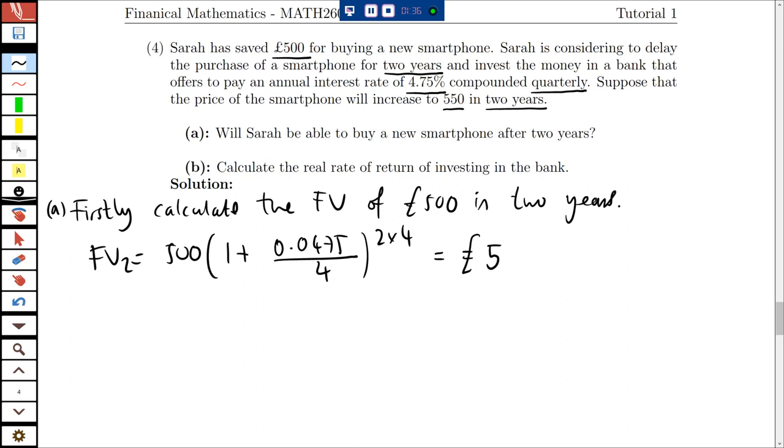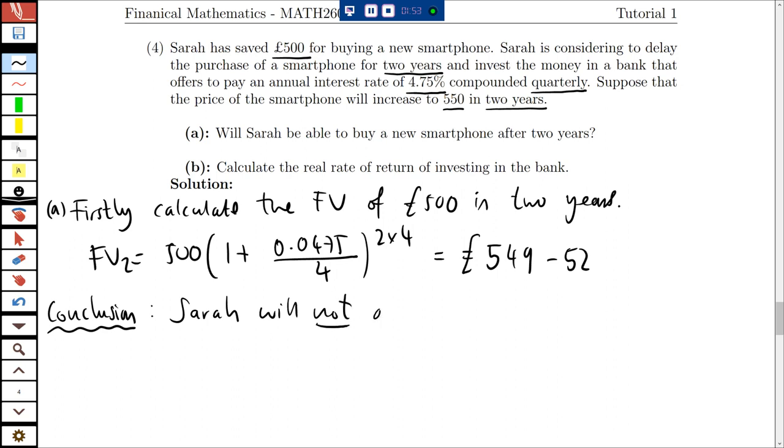Well, the calculator gives £549.52. So the conclusion: Sarah will not be able to buy the new phone.